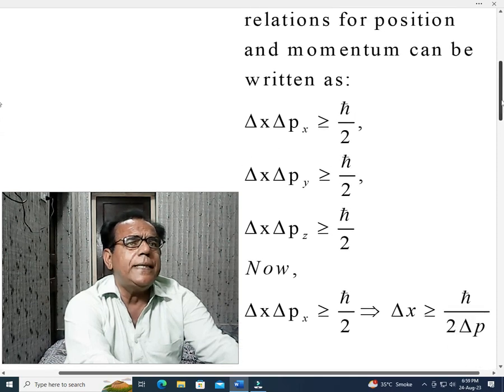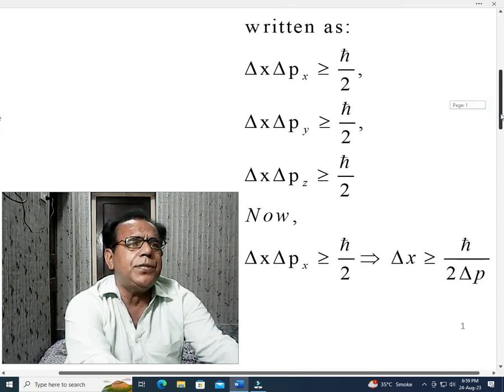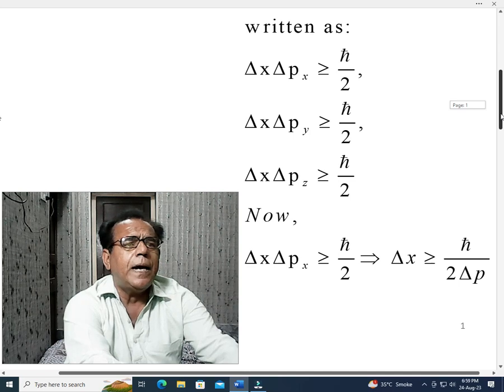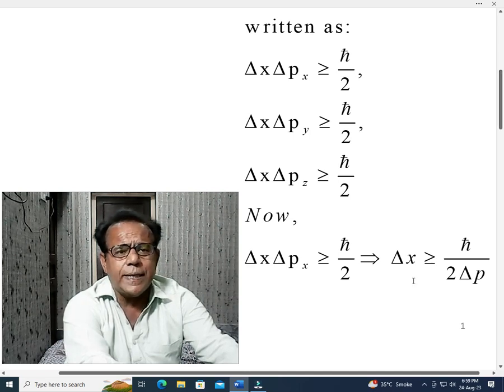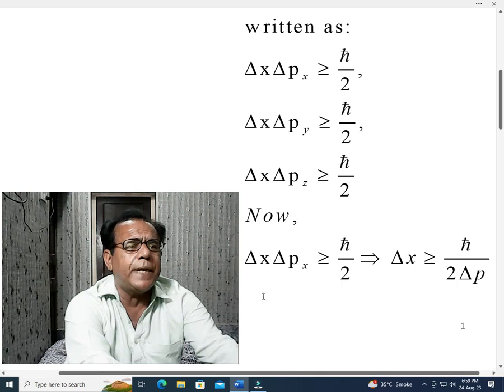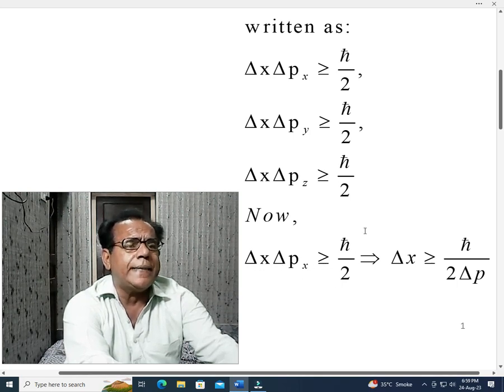By definition, the product of these uncertainties in position and momentum is greater than or equal to ħ divided by 2. This implies that the uncertainty in position Δx ≥ ħ/(2Δp).